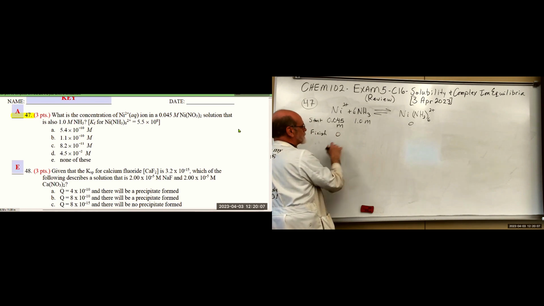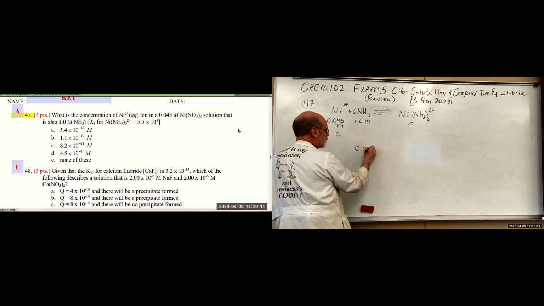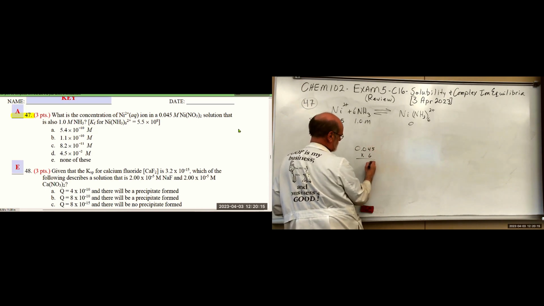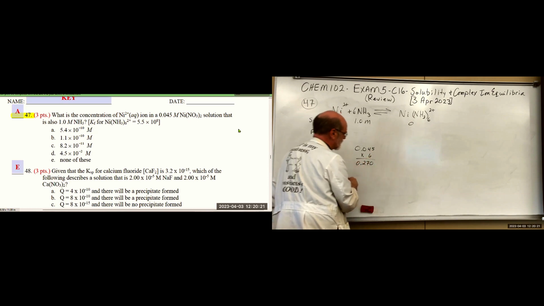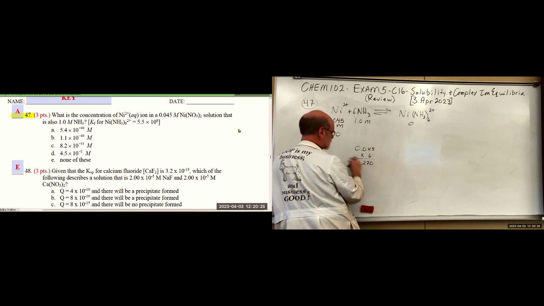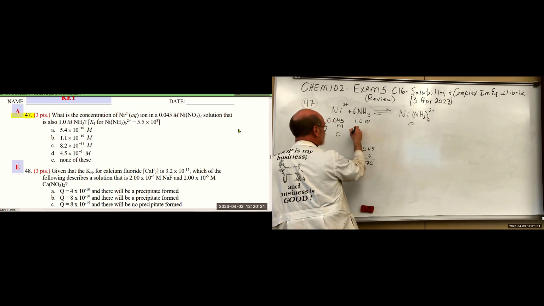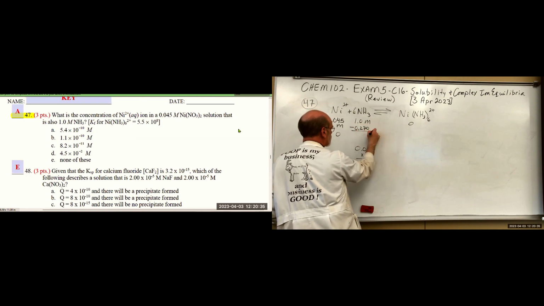Right? So for every one of these, you get 6 of those. So 0.045 times 6 is, let's see, 0.270 is what we're going to lose here, minus 0.270.